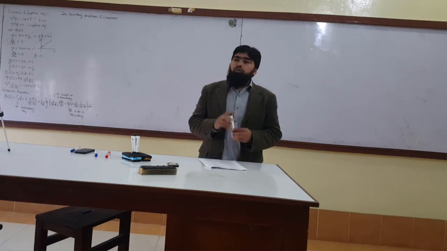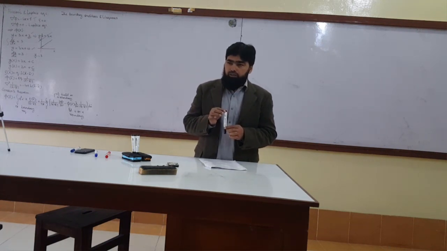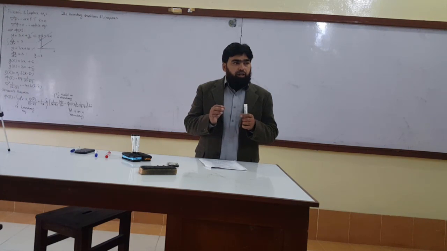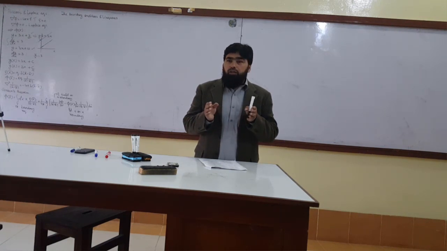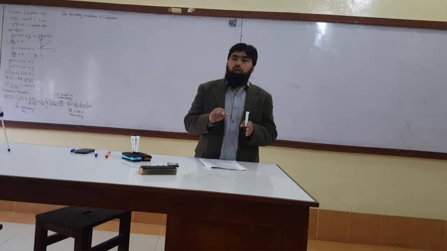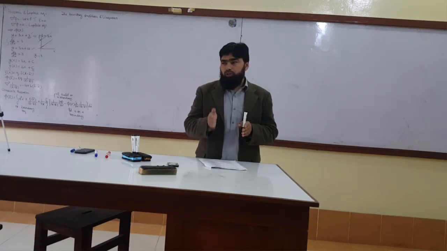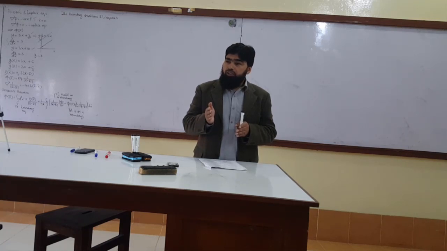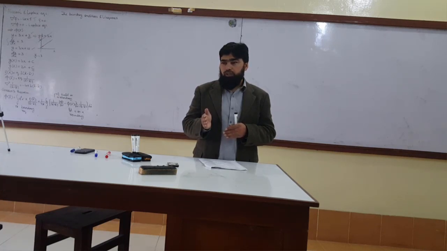Like the very first boundary condition, whose name is the Dirichlet boundary condition, is actually the fixation of the actual value of the function on the boundary, right? You are fixing the actual value of the function on the boundary. This is the first boundary condition.